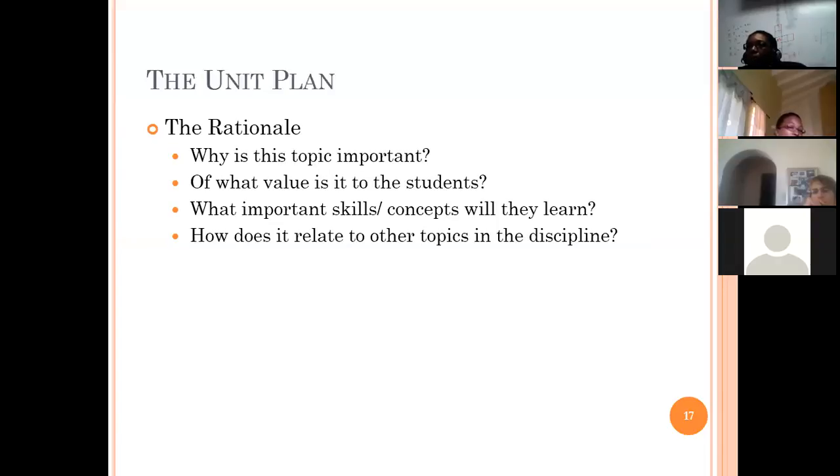You need to think about why you're doing this unit and what is the value of this unit of work. And you want to think deeply about what are the concepts and the skills that you want students to learn. So it requires a knowledge of the curriculum and a knowledge of the subject area generally.